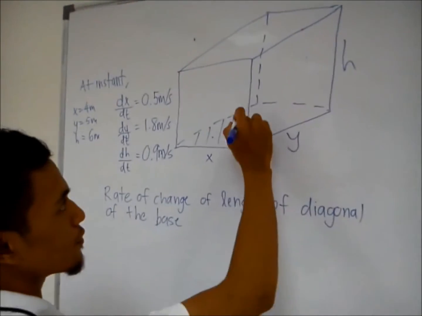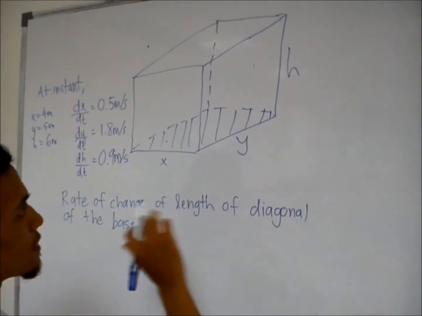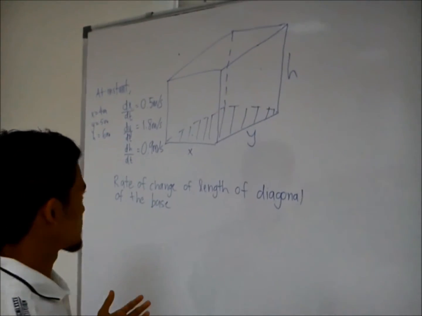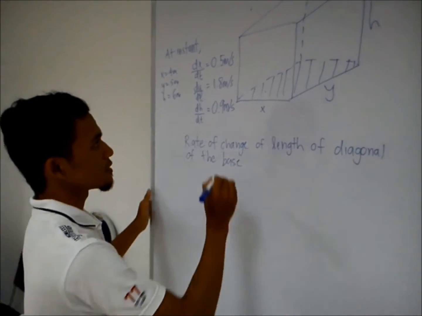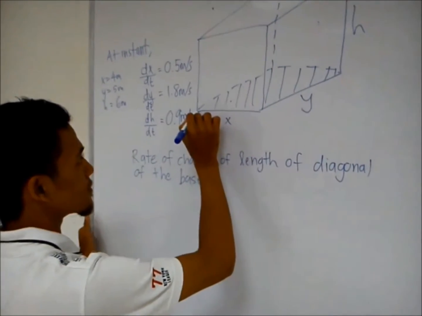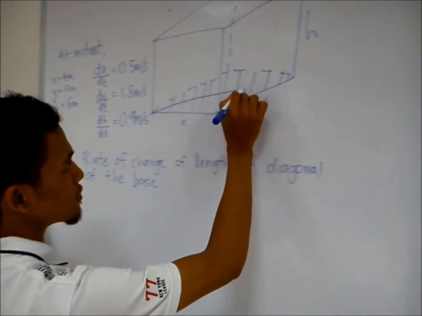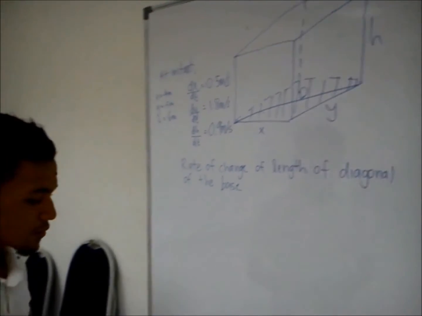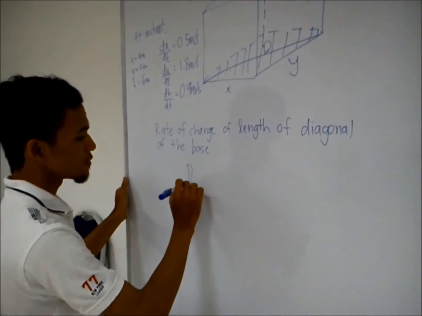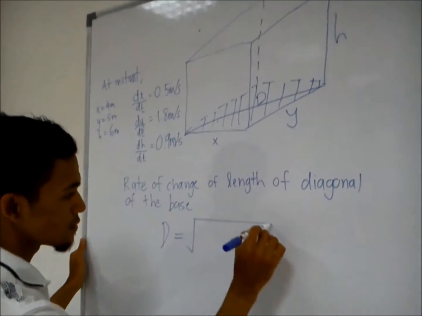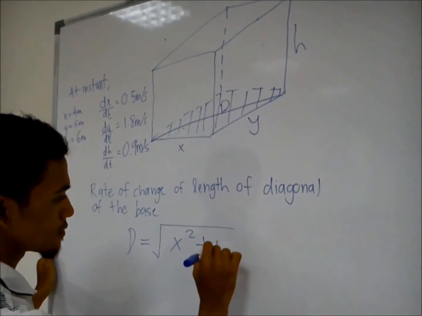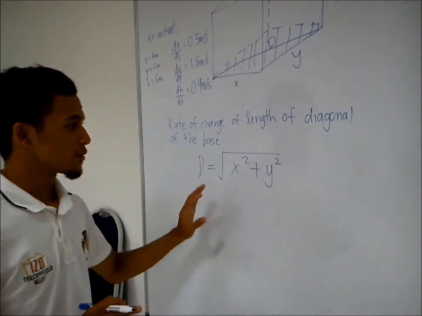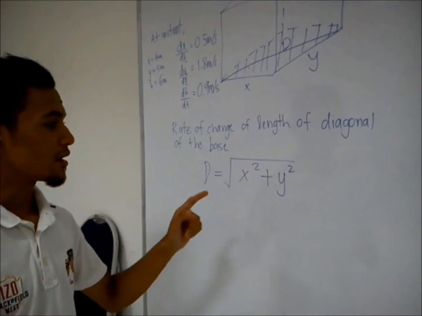So we need to find out which one is the diagonal. As we know, the diagonal will be the length from the angle here to the other side. This is D. So D will be equal to the diagonal length, which is the square root of x square plus y square.